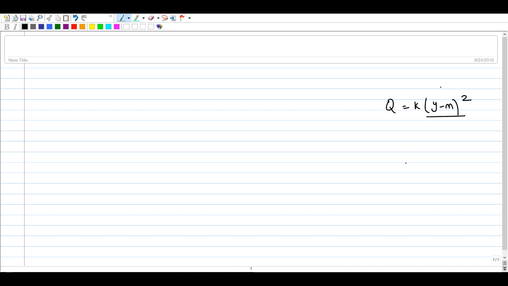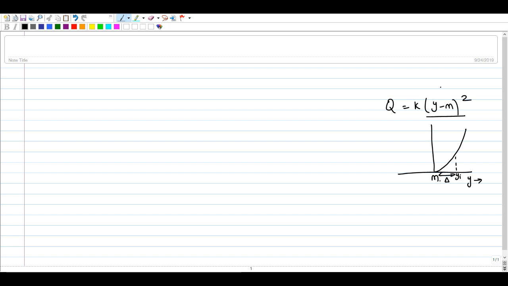So if I were to draw this, I'm just drawing one side, but it can be both sides. Now this is your y and I'm saying this to be m. So y minus m is, let's say that a dotted line is one realization of yi. So that yi minus m, you want to call this delta.